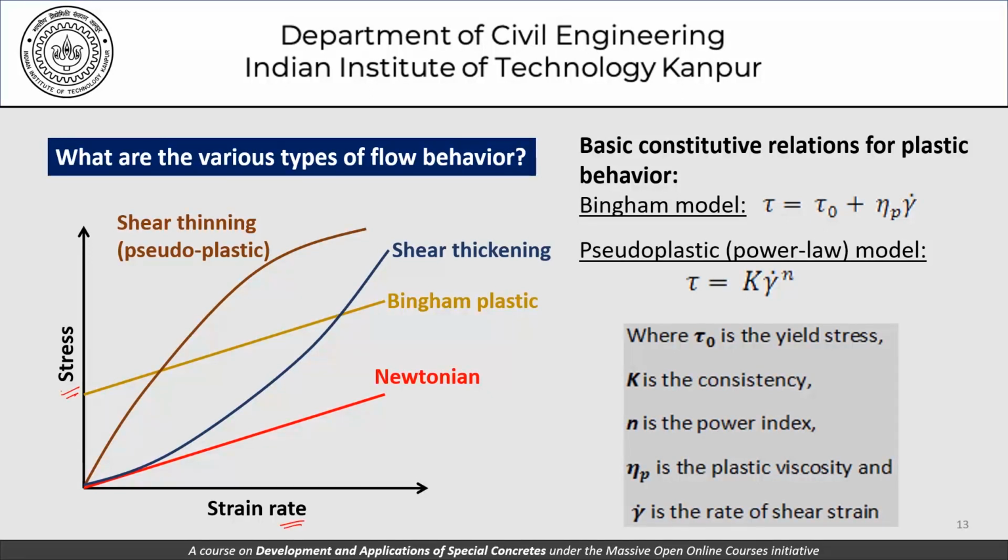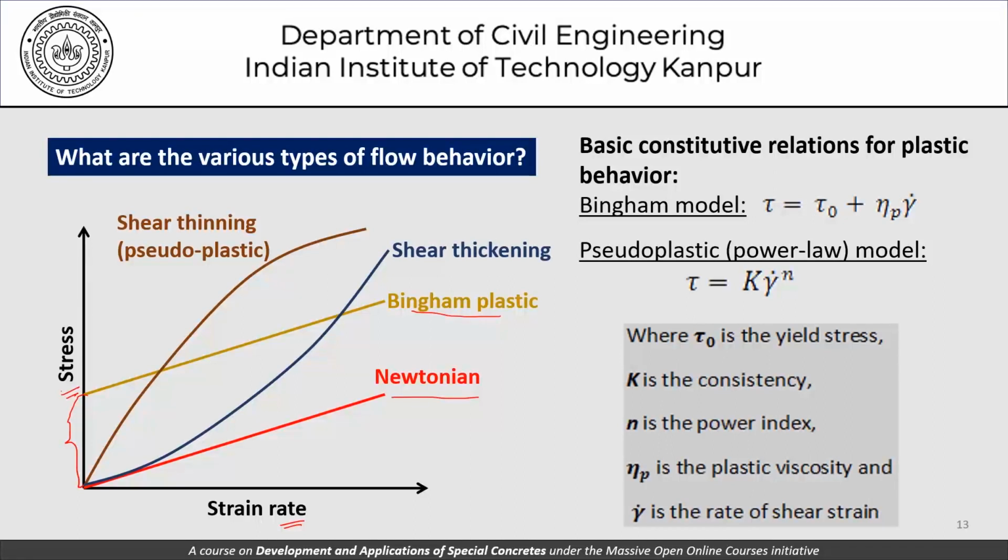Now, as far as this behavior is concerned, we have Newtonian fluids for which the strain rate and stress is linearly related as shown here, and we have Bingham plastic fluids for which the relationship is linear but with an offset. Then there are more complicated models like shear thinning or shear thickening, but we would largely be concentrating our discussion on these linear models, that is Newtonian fluids and Bingham plastic fluids.